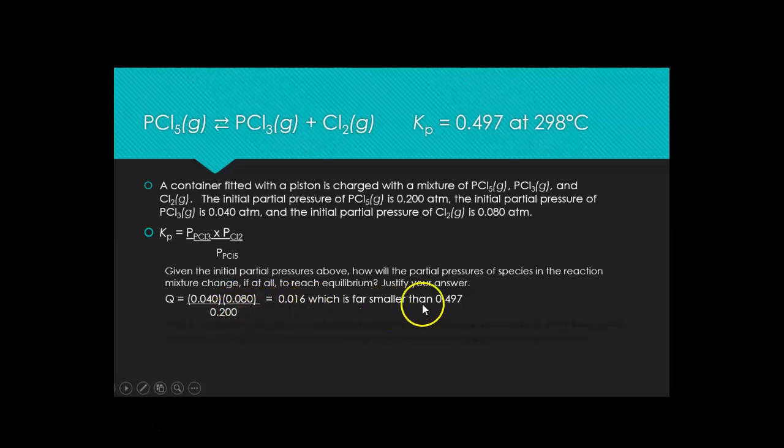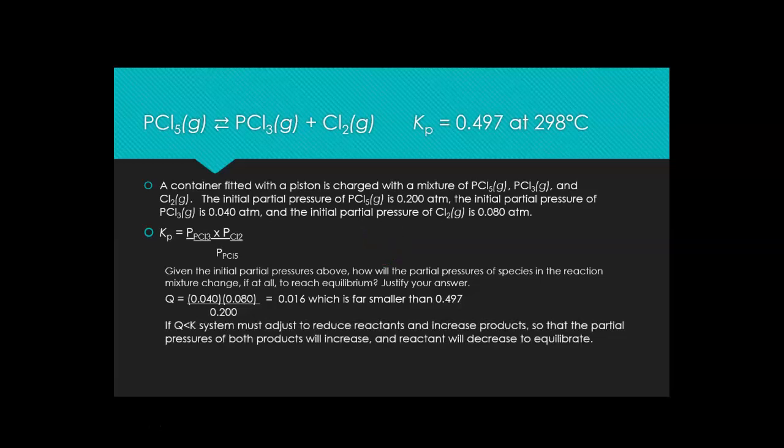That is far smaller than 0.497 here. So Q is way less than K. If Q is less than K, the system must adjust to reduce reactants and increase products. So the partial pressures of both products will increase and the reactant partial pressure will decrease until equilibrium is established at a K of 0.497.